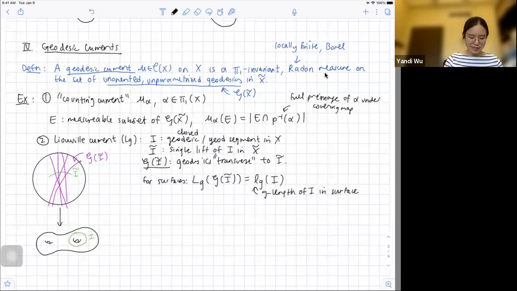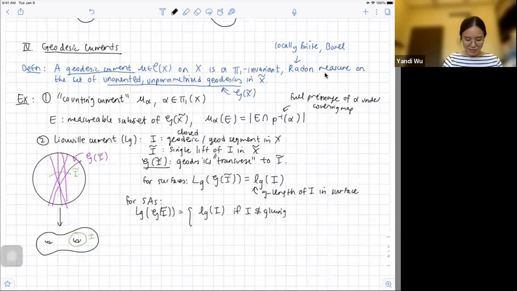And then you have something really similar for surface amalgams, which I'm going to abbreviate here. Almost all of them have the same property. If I is not included in a gluing curve, you just get the length of I. But if I is included in a gluing curve, then there's actually that extra multiplicative constant.